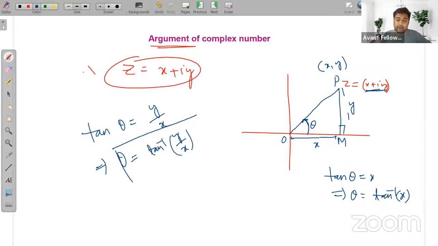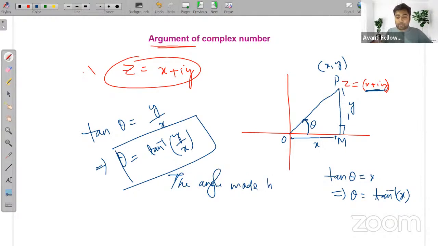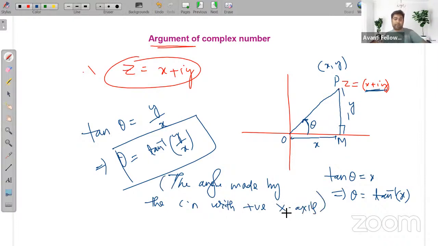So this is the argument of this complex number. Remember, the angle made by the complex number with the positive x-axis is my argument. This is my definition of argument. I hope this is clear to all of you. Is there any doubt? You can ask.